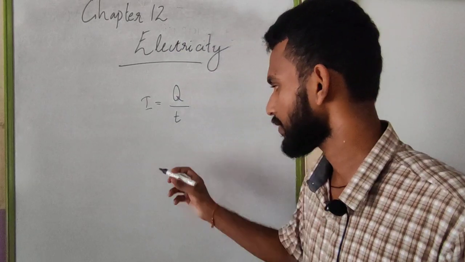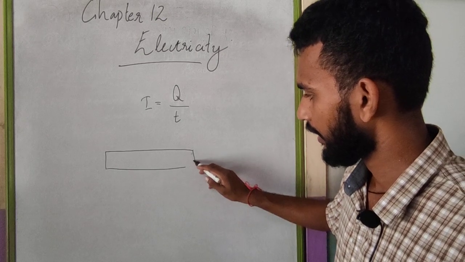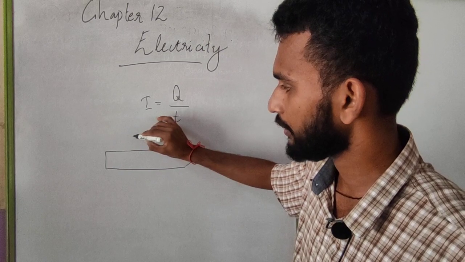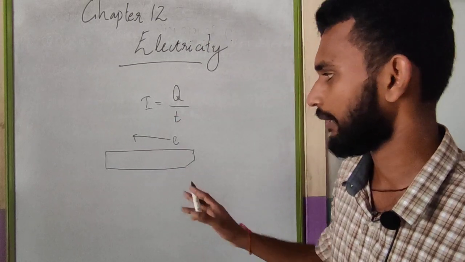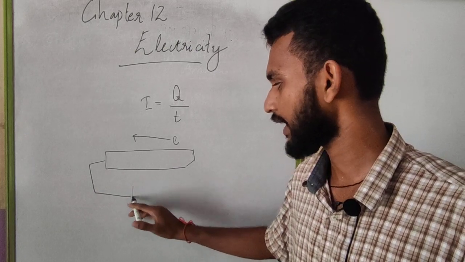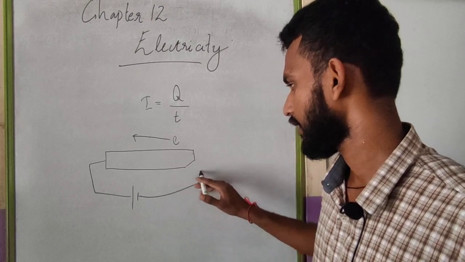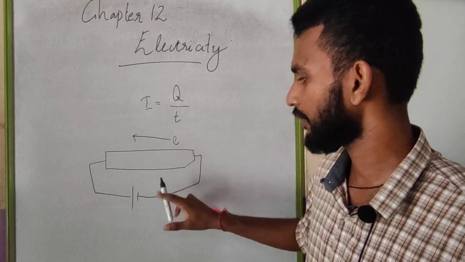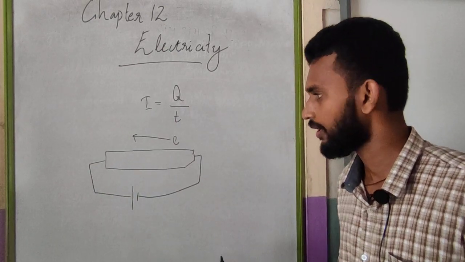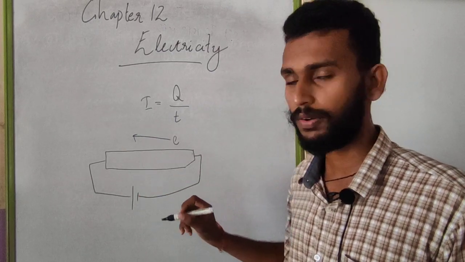Okay, suppose you are considering a conductor and the electrons are moving leftwards. The flow will be there if you are connecting a cell with the conductor. The electrons are moving from negative to positive, and as we have studied now, the current will be in the opposite direction of the flow of electrons.